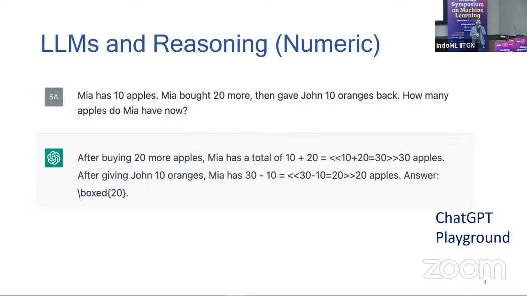Mia bought 20 more. I threw in a little trick: then she gave John 10 oranges back. How many apples does Mia have now? By the way, this is the second example that I tried. ChatGPT says after buying 20 more apples, Mia has 30 apples, great. After giving John 10 oranges, Mia has 20 apples. A very simple trick to fool the GPT.